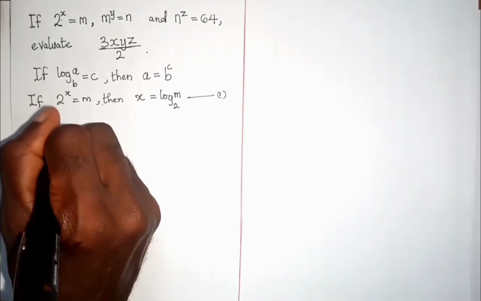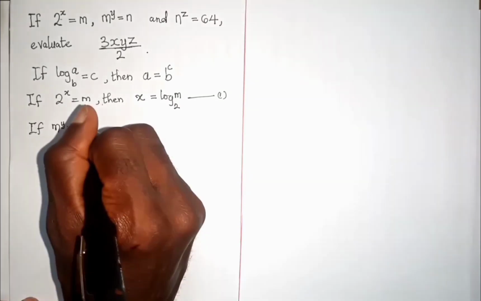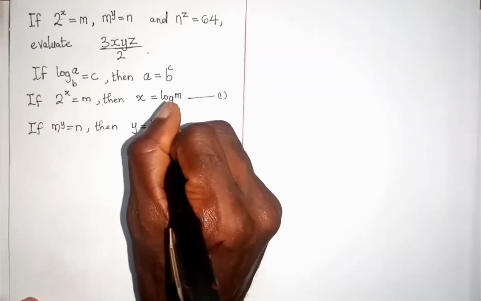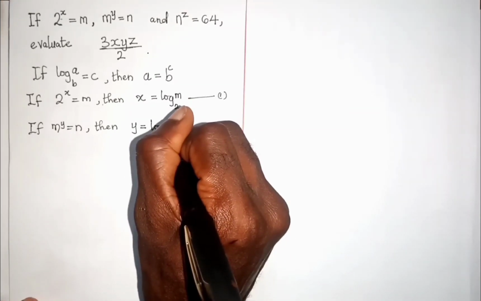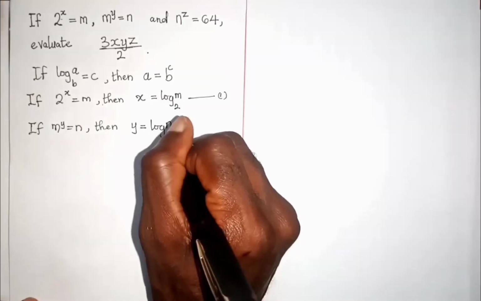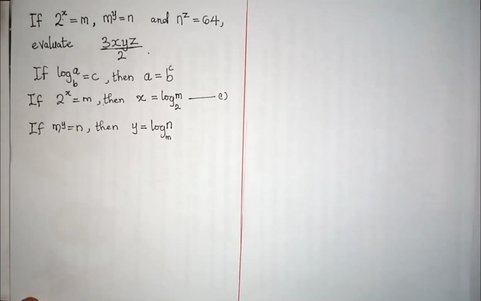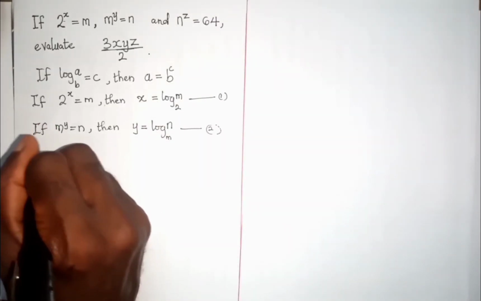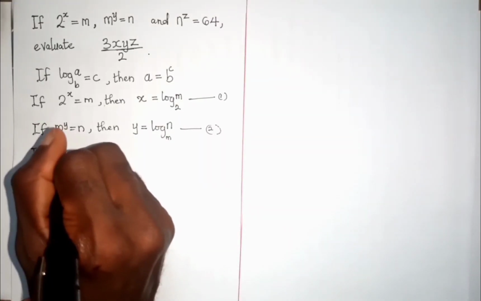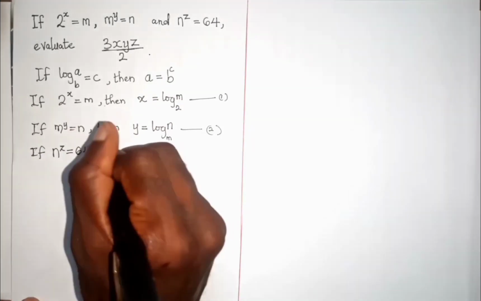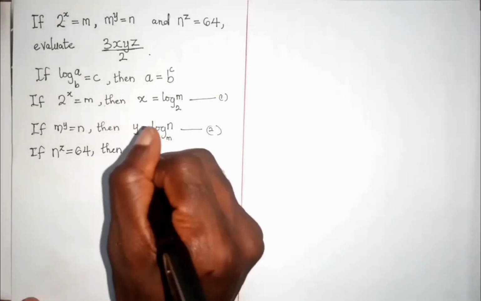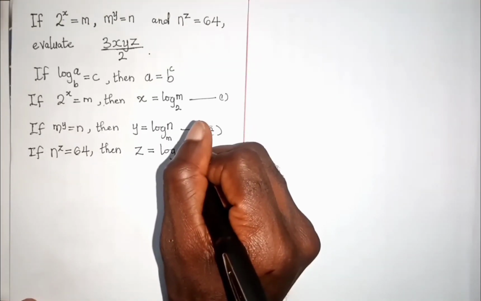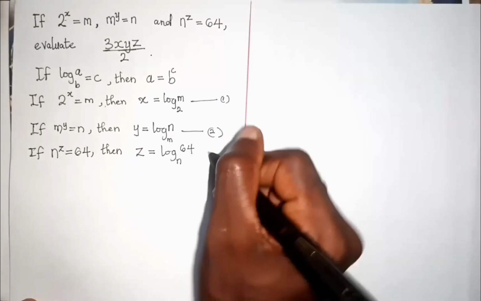If m raised to power y is n, then y must be log n to base m. Let's call that 2. Then the third one: if n raised to power z is 64, it follows that z must be log of 64 to base n. Let's call that 3.